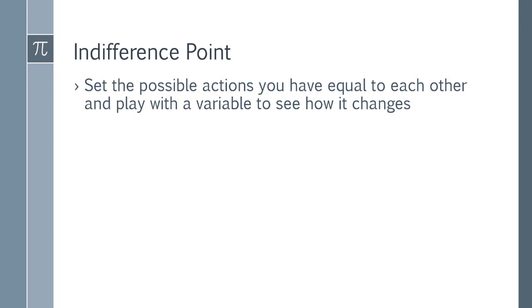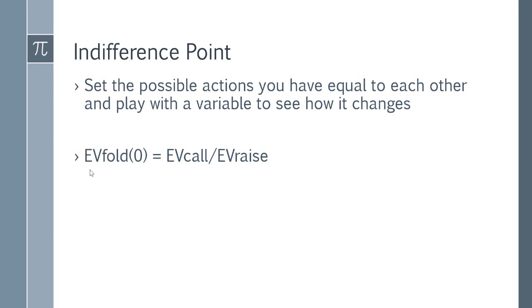So we set them equal to each other, and instead of having set numbers, we make one of them a variable, and we see how changing it affects the EVs of the decisions until we find out when they're equal. We're going to do an example from the Twitter example and find the indifference point.